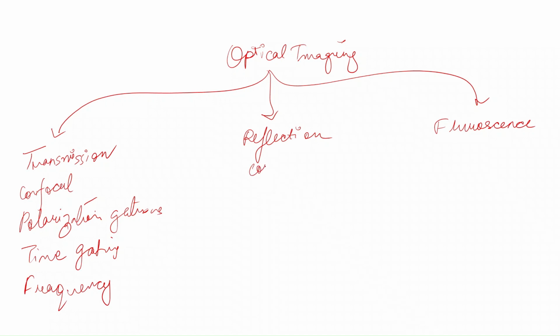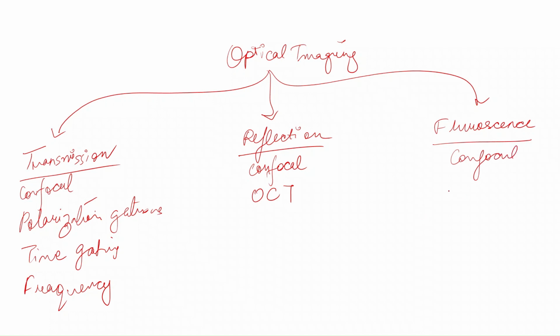Then you have the reflection method, confocal working on reflection, and OCT, optical coherence tomography. In fluorescence you have confocal too, then you have FRET, and then time resolved fluorescence lifetime imaging, called FLIM.